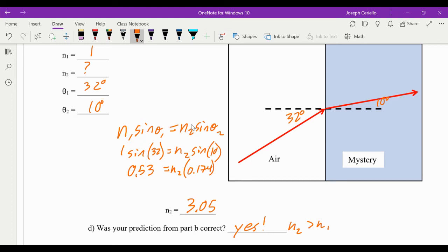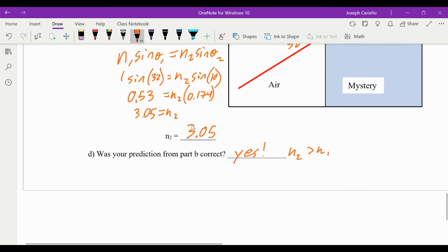So we have 0.53 divided by 0.174, and we have about 3.05. All right, so n2 is greater than n1, so we're good.